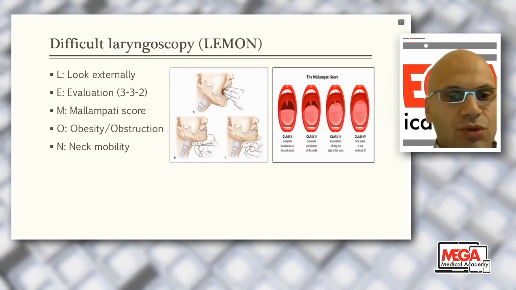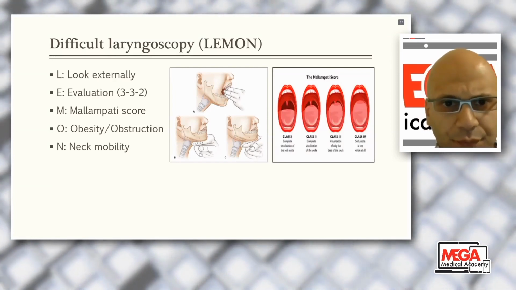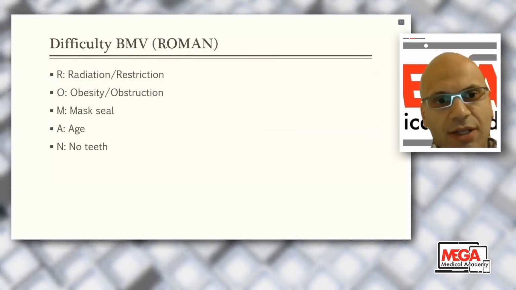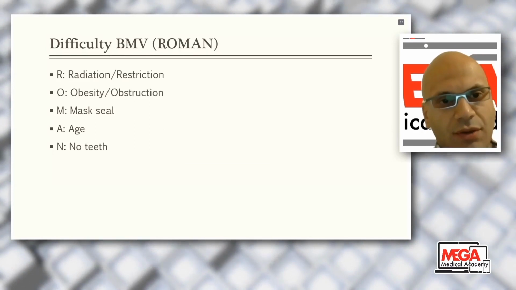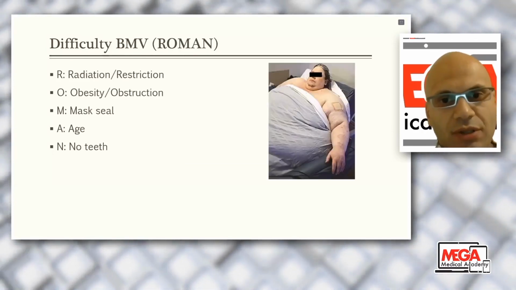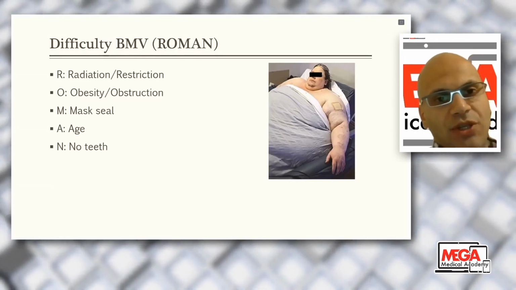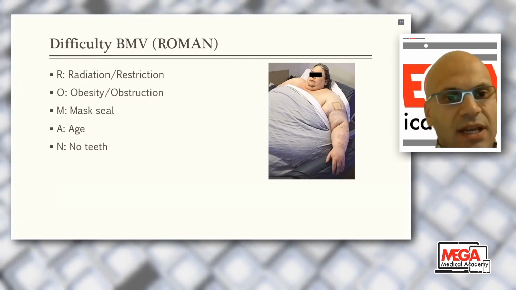All of us, of course, know the Mallampati score, then obstruction and neck mobility. RODS... rather, for difficult bimanual mask ventilation: radiation or restriction of neck movement, obesity and obstruction. In this lady, you have to be sure that the mask is fitting and sealing on the face.